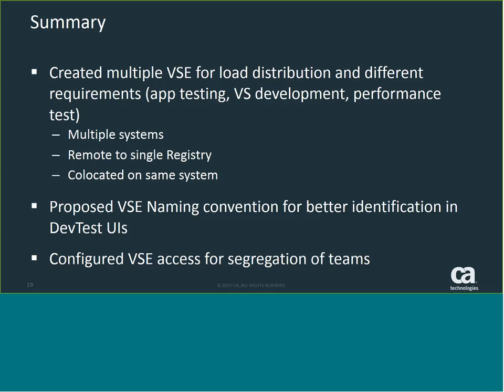We did so by adding virtual service environments on different systems and on the same system. And we connected those VSEs to a single remote registry. We proposed a VSE naming convention for better identification of the VSEs in both the DevTest UIs. And we configured the access to specific VSE services for the segregation of teams.